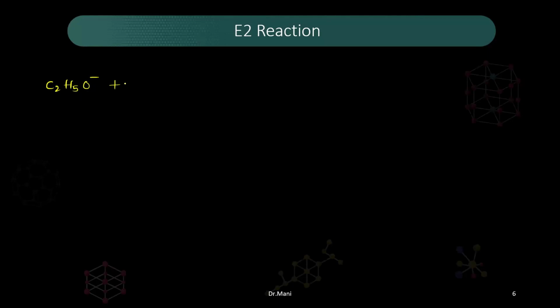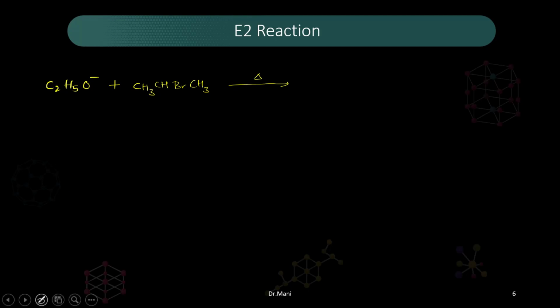Why do we need C2H5O minus here? How is the C2H5O minus helpful here? Sure, it's a base. Yeah, it will be a strong base, which will pull the hydrogen from here.